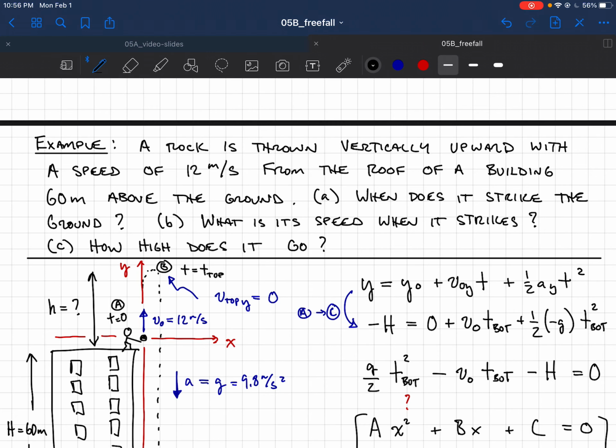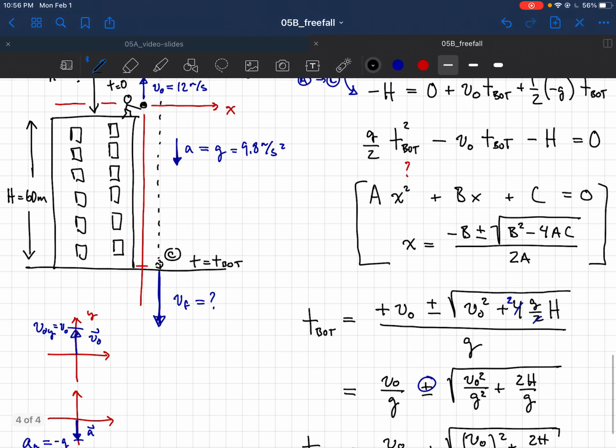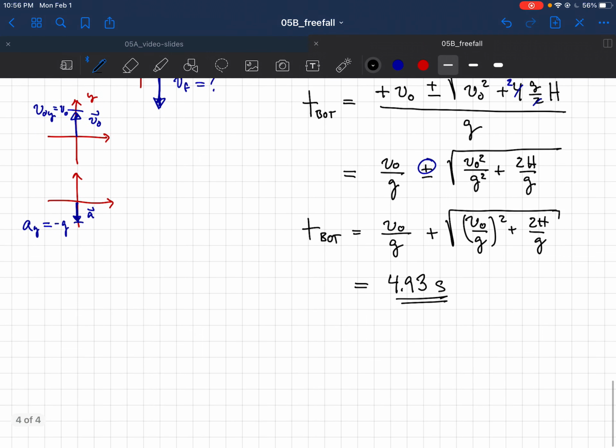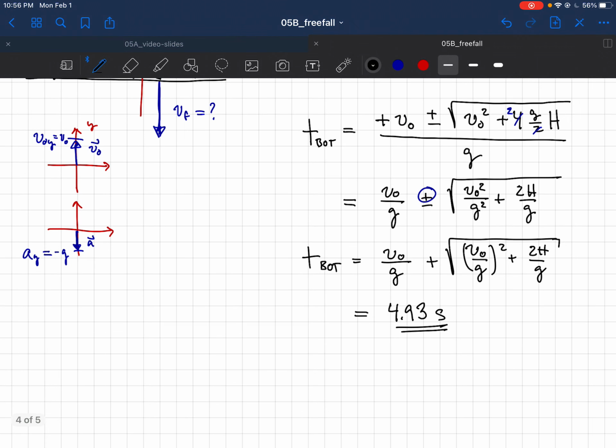What is the speed when it strikes? Well, we have motion with constant acceleration, and we have an equation that tells us about the velocity in the direction of constant acceleration, and that is Vy is equal to V0y plus AyT.